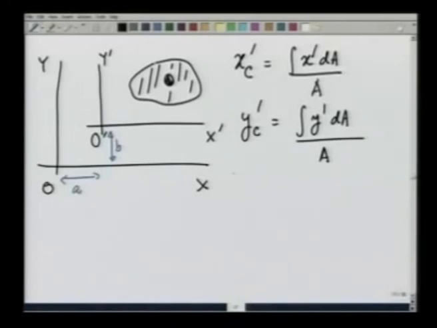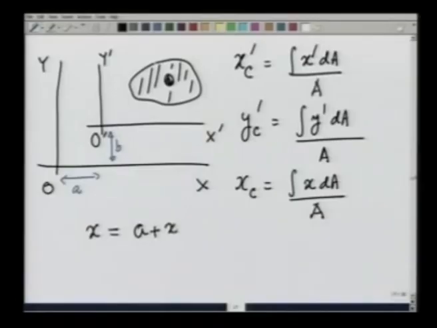Now, let us calculate xc, which is equal to integration x dA over the area, but I know that x equals a plus x prime, and therefore, xc is going to be equal to integration (a plus x prime) dA over the area. The a comes out and integral dA is the total area.